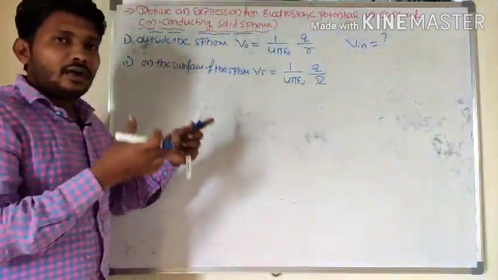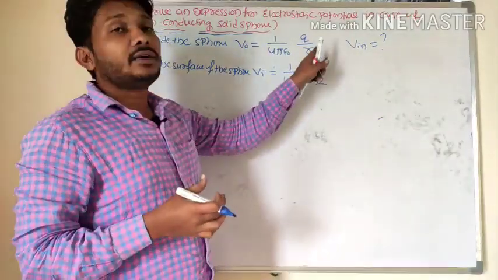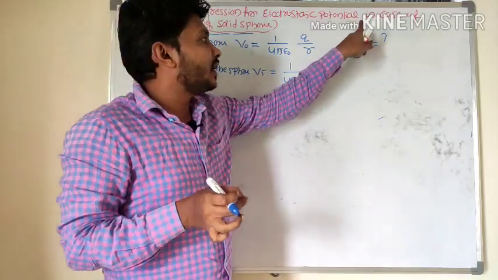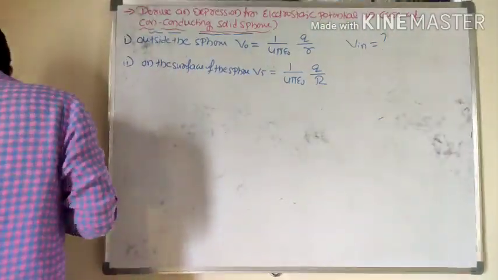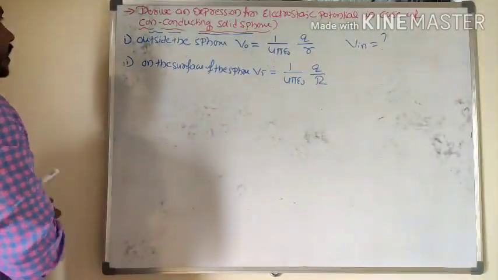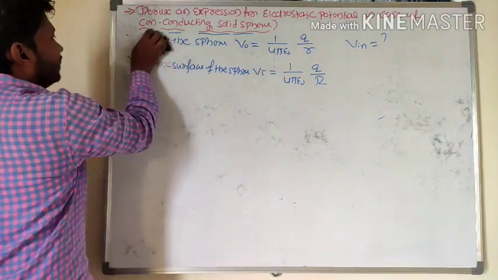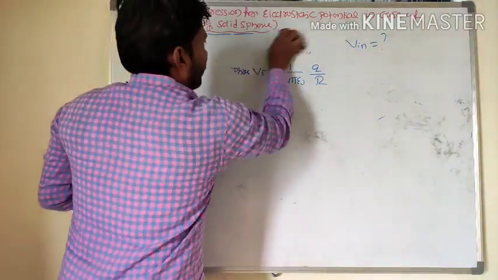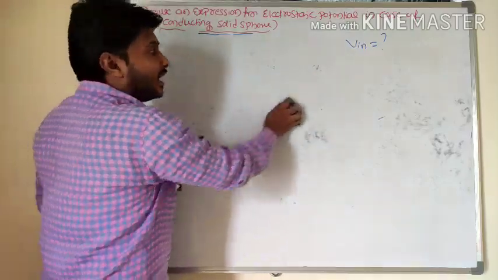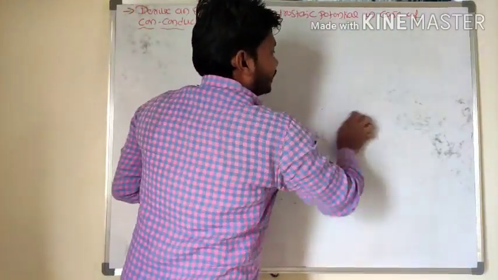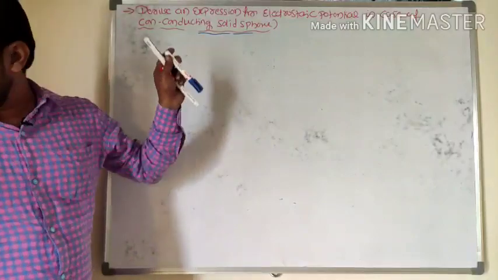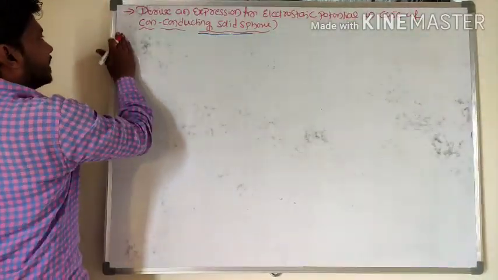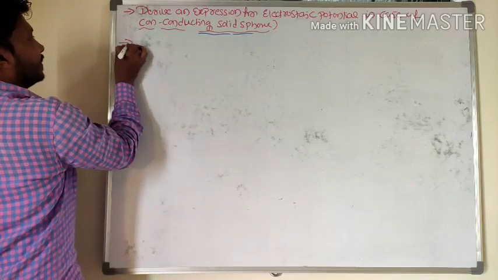So now I would like to derive an expression for electrostatic potential inside a non-conducting solid sphere. So let me continue with the non-conducting solid sphere. When the point of observation is inside the sphere, when it is outside and when it is on the surface of the sphere, we have the same formula, but the formula differs a little bit in case of inside the sphere.